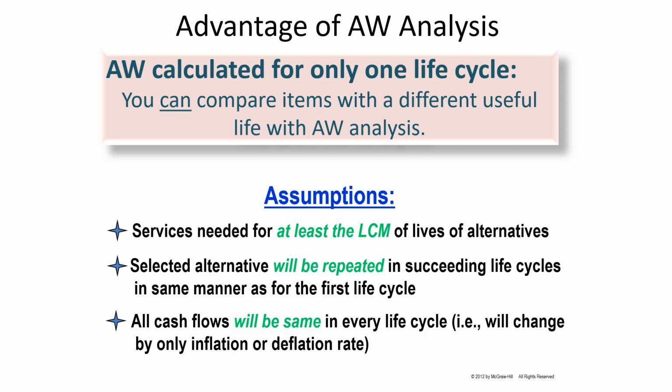So you wouldn't compare the alternatives if you were only going to keep them for 10 years, for example. You wouldn't be able to use annual worth analysis in that case. And if you are using annual worth analysis for comparison, then the option you choose will be repeated. That's the assumption that's built in there. And then the same thing that applies anytime we repeat alternatives is that we assume the cash flows will either be the same or that we're able to adjust for the inflation or deflation rate in the repeatability.